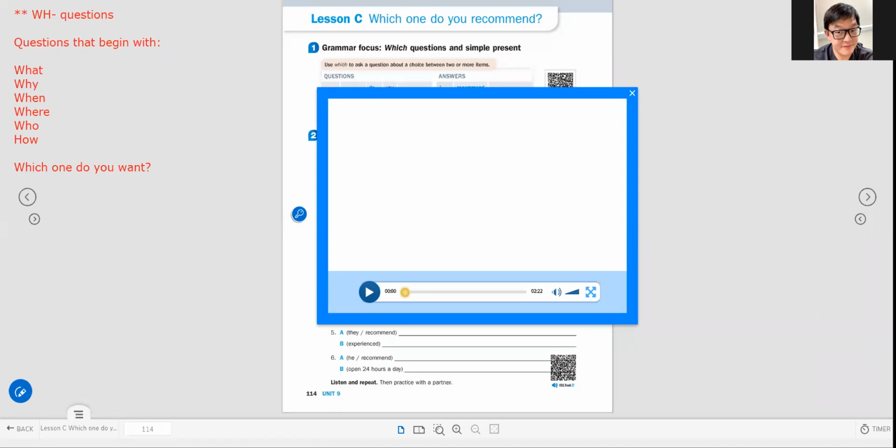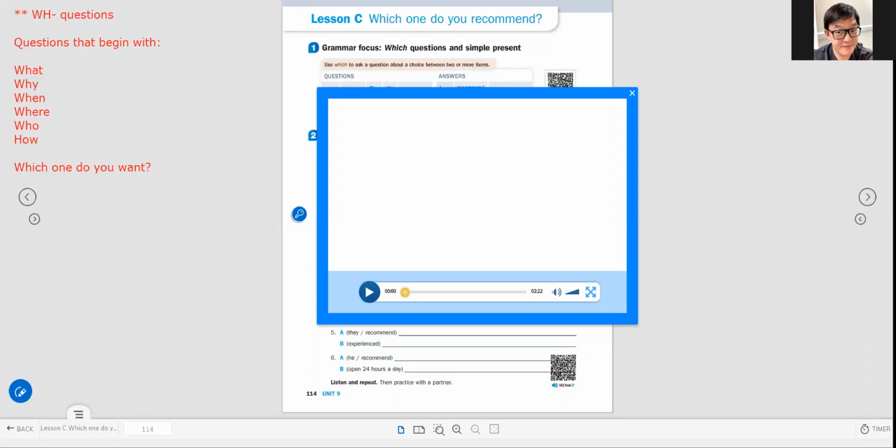Which supermarket do you recommend? I recommend Green's Supermarket. Which supermarket does he recommend? He recommends Malik's Supermarket. Which supermarket do they recommend? They recommend Garcia's Supermarket.